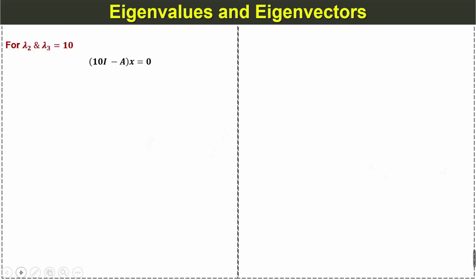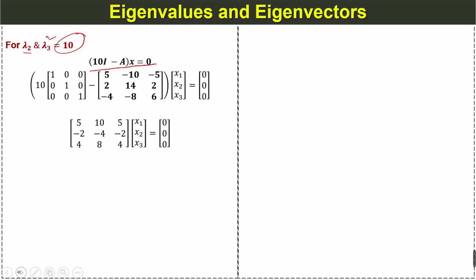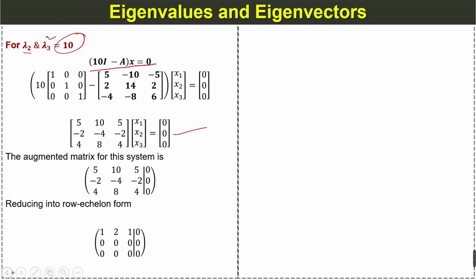For lambda 2 and lambda 3, which are equal to 10, again we do the same procedure to find the eigenvectors. After substituting and simplifying the matrix, we write the corresponding augmented form of this system, and then row reduce it.